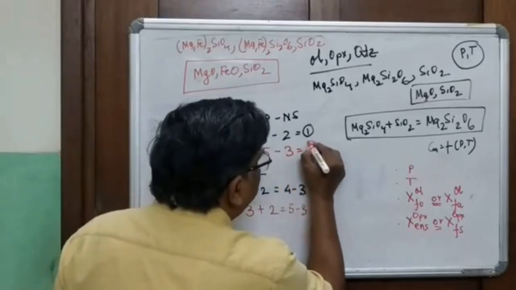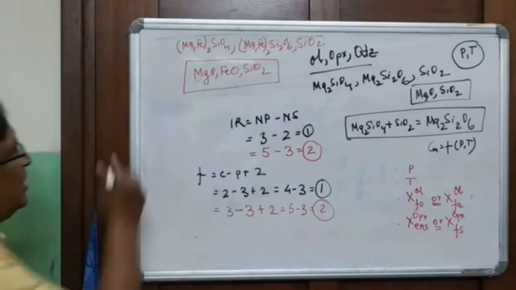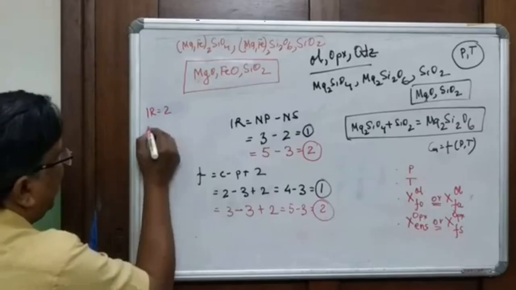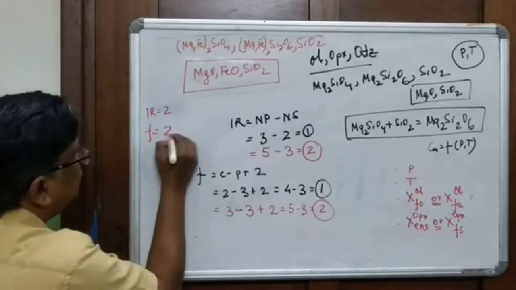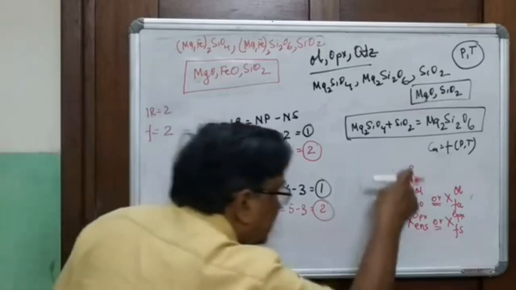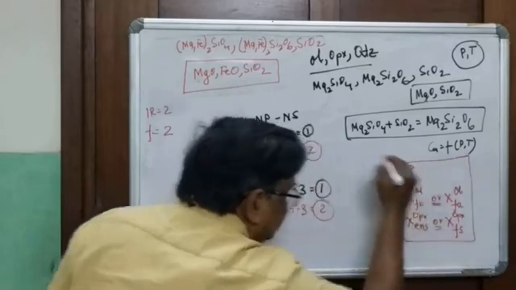So the number of independent reactions is 2. So IR is equal to 2, F is equal to 2, and these are the metamorphic variables that are there.